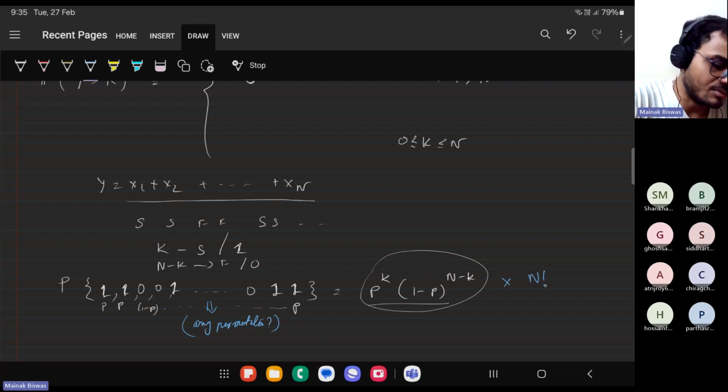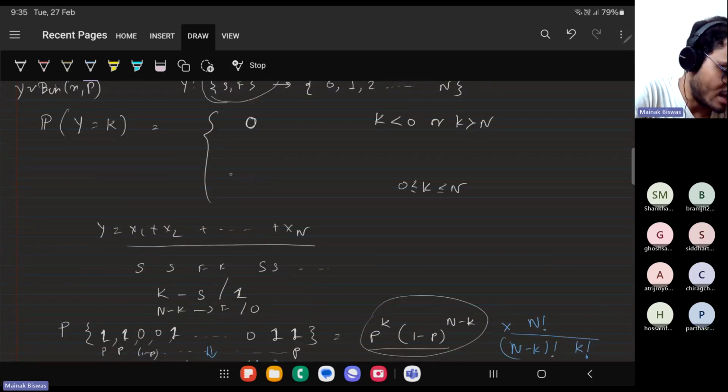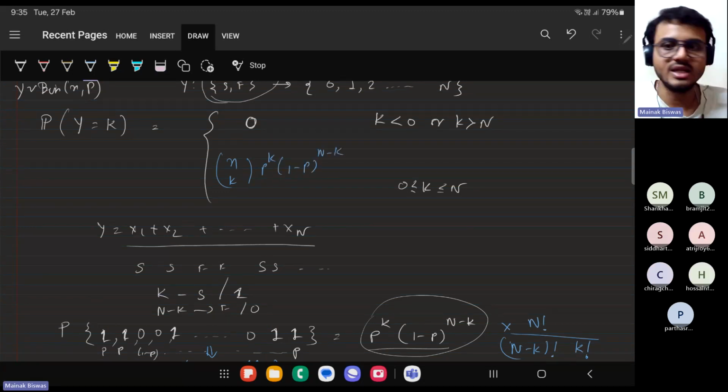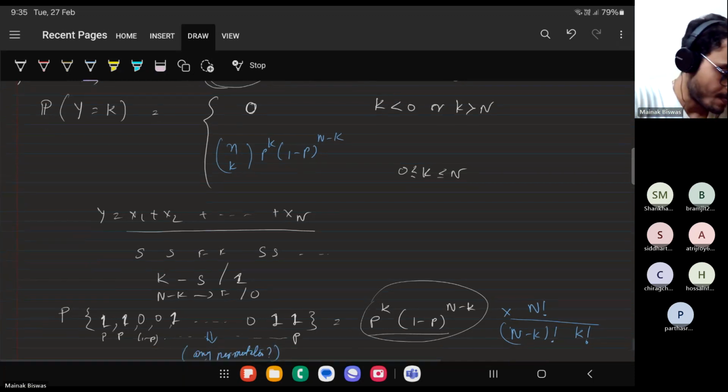Good. N factorial is the number of permutations, divided by the number of zeros, that is n minus k factorial, into k factorial. Is it clear, Partho? Yes. So you will have n choose k, p to the power k, 1 minus p to the power n minus k. This is defined as the PDF. Nice.